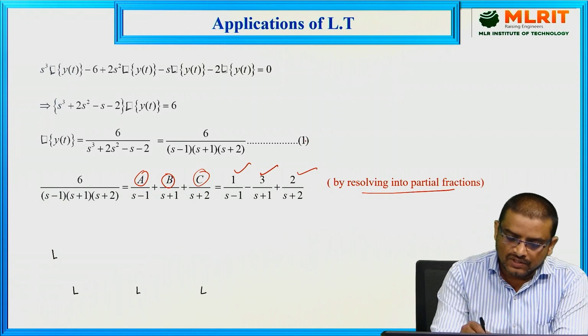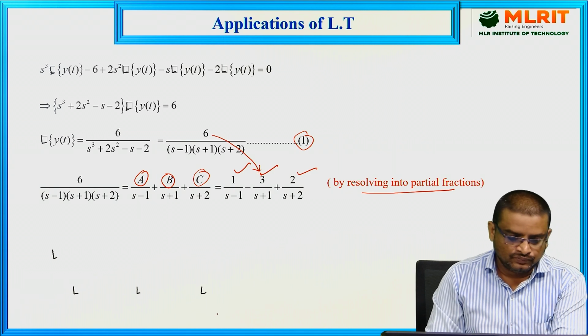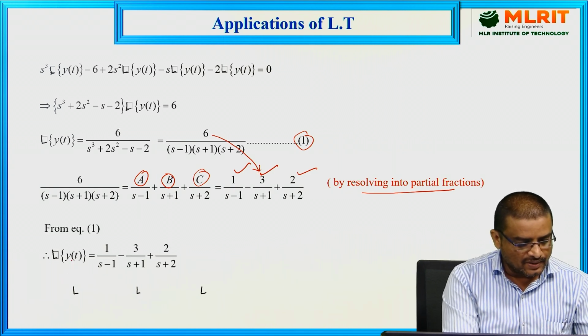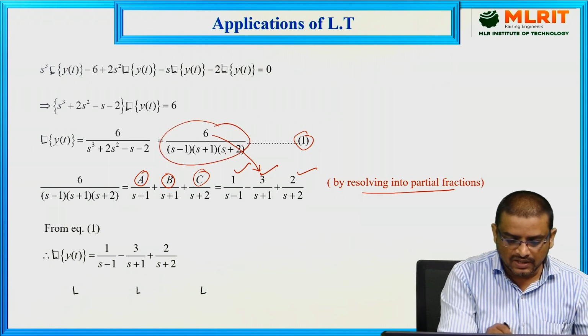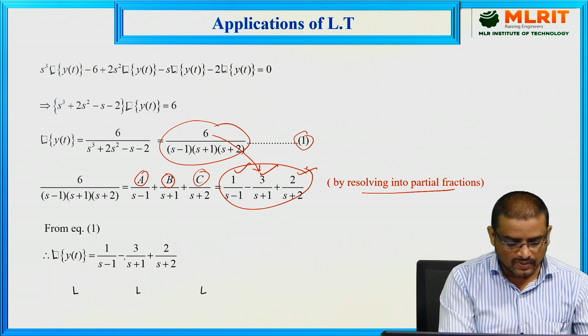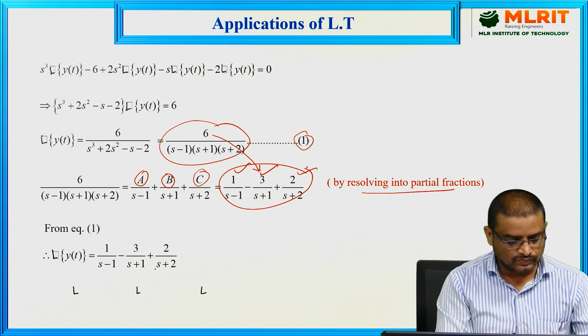Now in equation 1, I want to replace this value with this function. So from equation 1, we will get the Laplace transform of y of t is equal to 1 by s minus 1 minus 3 by s plus 1 plus 2 by s plus 2.